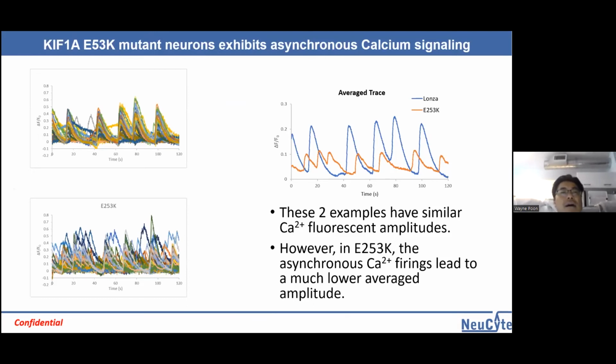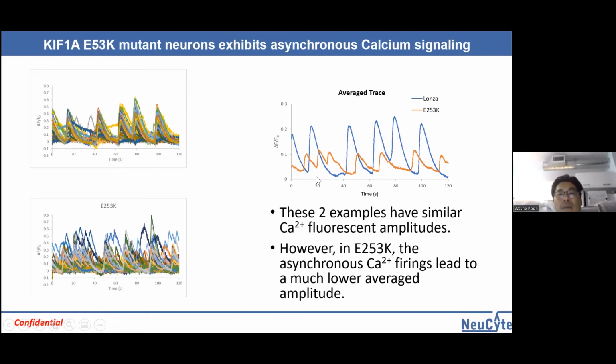Additionally, we have looked at calcium imaging, and in this example, we have compared the wild type to the E253K, and you can see the synchronous calcium traces here in the wild type, but in the E253K mutation, you see quite a bit of asynchronous calcium firing.